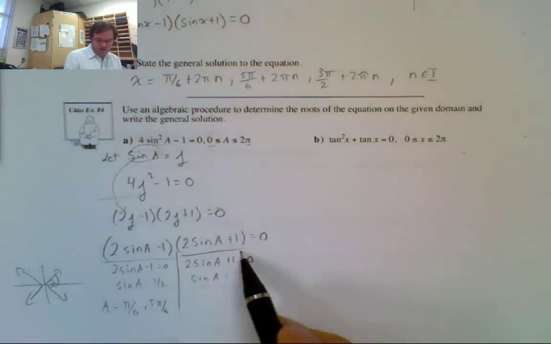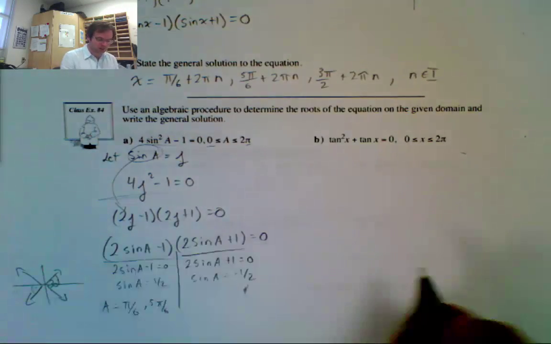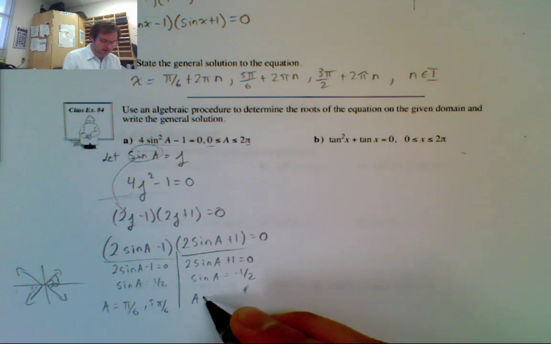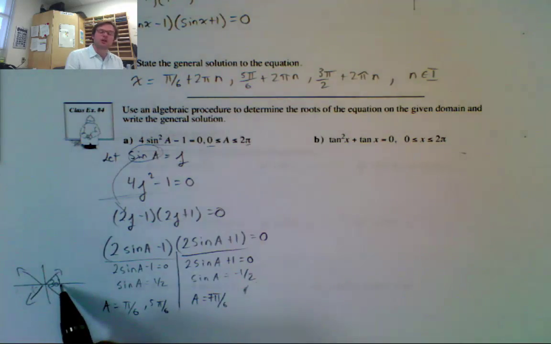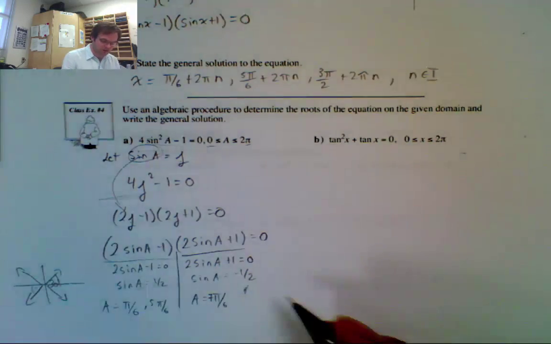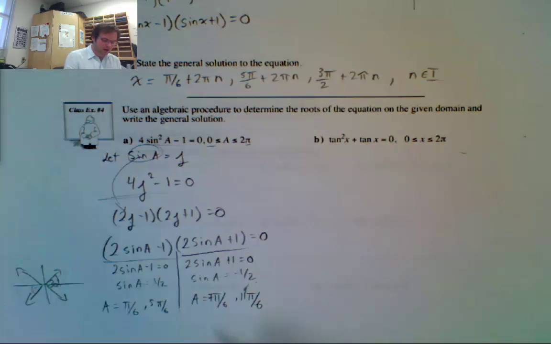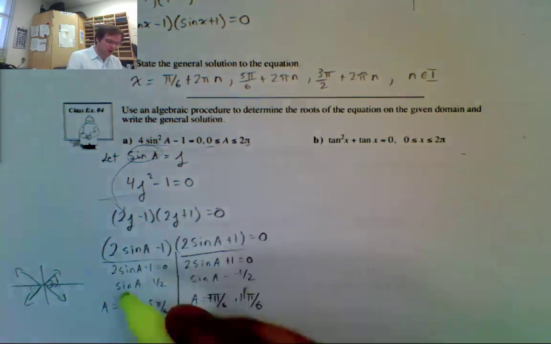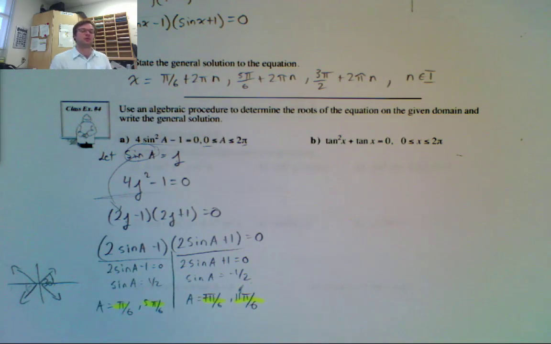Now for the negative, that's going to be pi over 6 plus pi, which is 7 pi over 6. And then we have 2 pi minus pi over 6, which is going to give me 11 pi over 6. So these here are my 4 solutions for this equation.